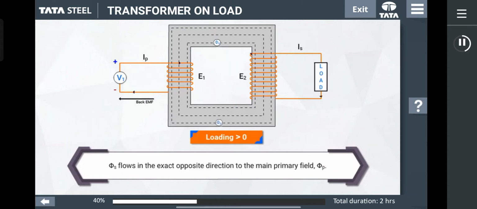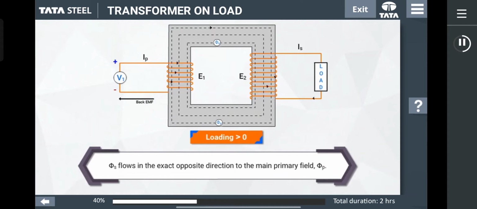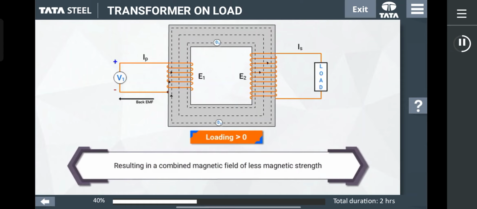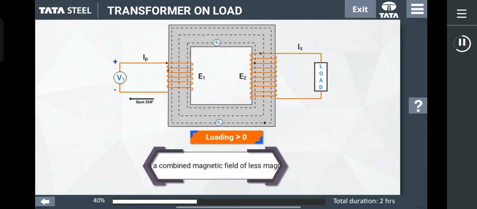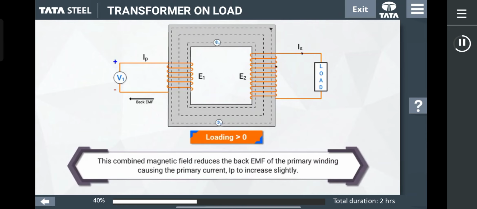These two magnetic fields oppose each other, resulting in a combined magnetic field of less magnetic strength than the single field produced by the primary winding alone when the secondary circuit was open circuited. This combined magnetic field reduces the back EMF of the primary winding, causing the primary current IP to increase slightly.